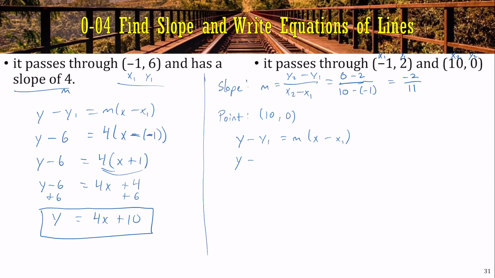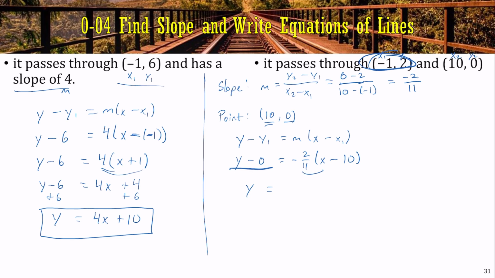So our y1 here is the 0. Our slope is negative 2/11. And our x1 is the 10. Now, why, you say, didn't I use the same point as up here? You can. You'll get the same answer. This one's easier, though, because y minus 0 is y.